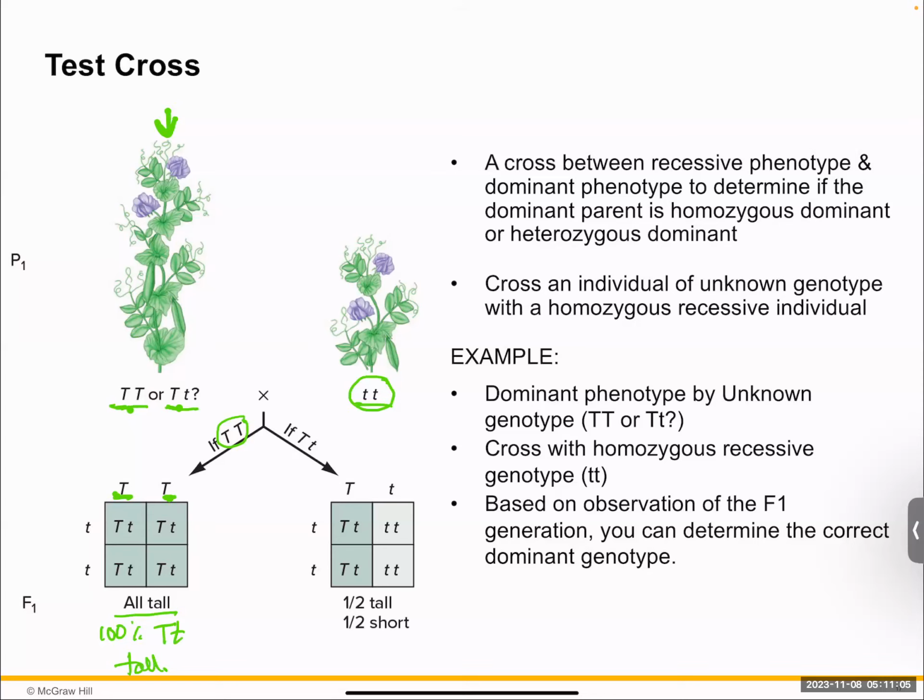But if I cross this with a homozygous recessive, and your genotype is capital T, lowercase t, then you end up with this.